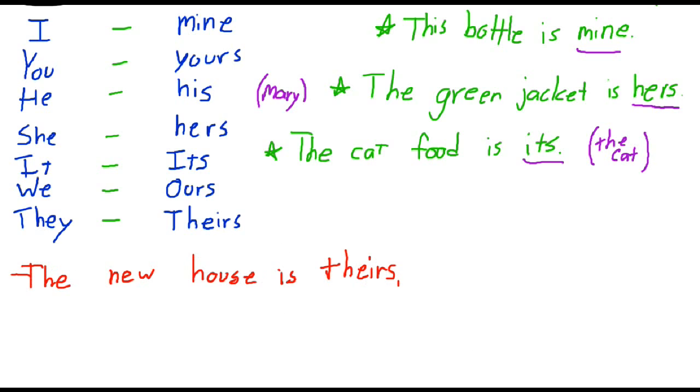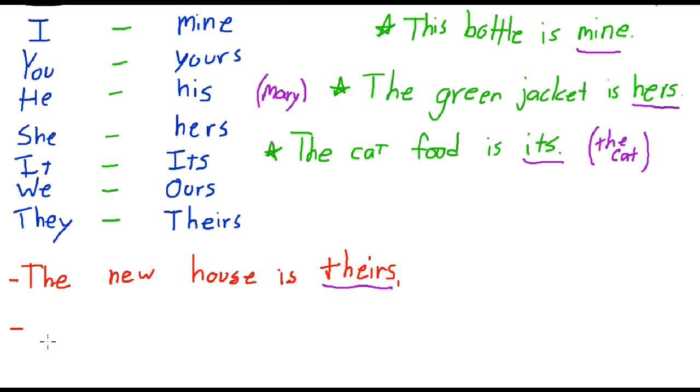Well, once again, if we look at that, the new house is theirs. We see that theirs is a possessive pronoun, correct? So the new house is theirs. It belongs to them.